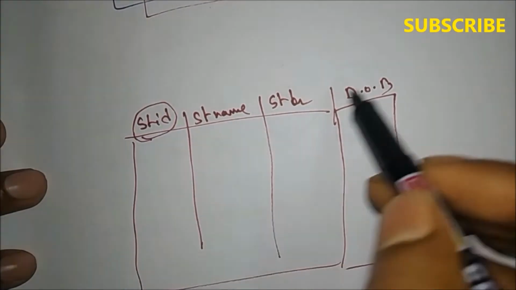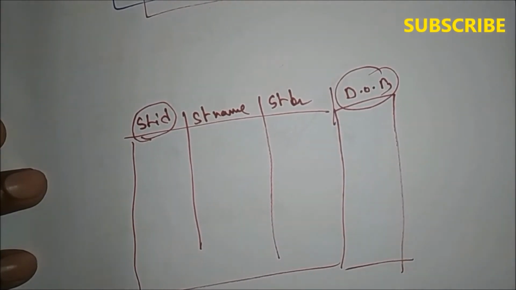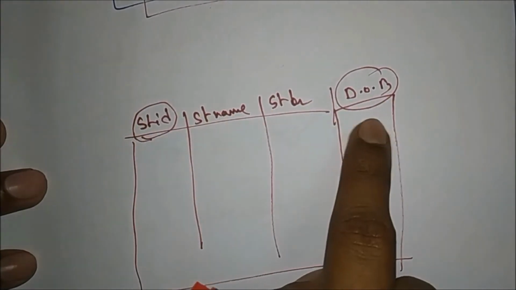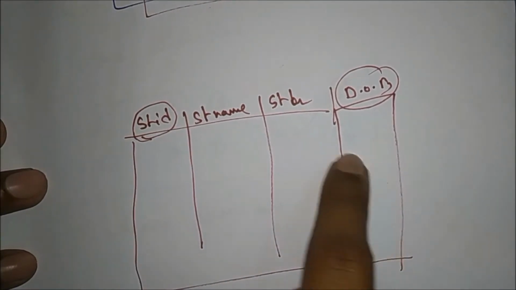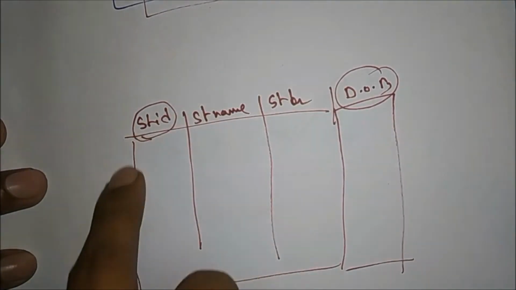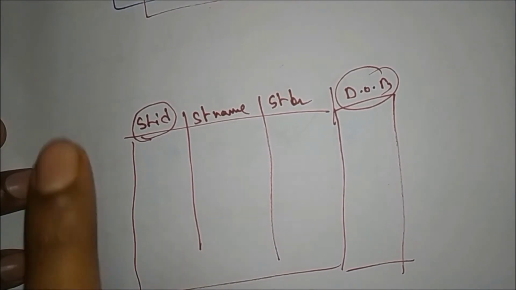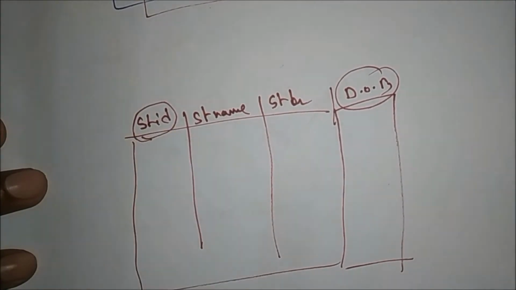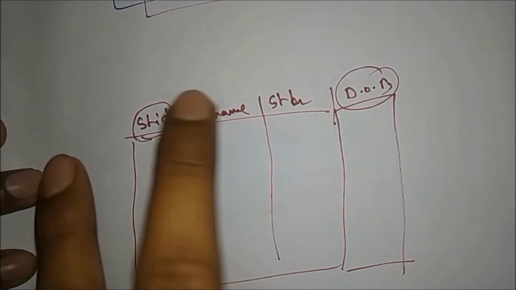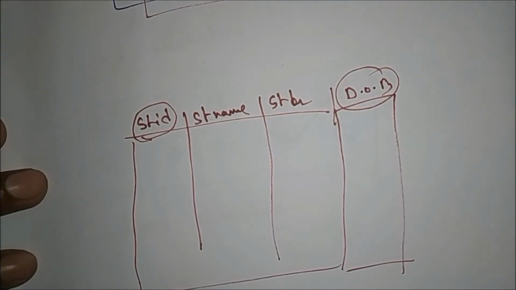You can take student ID, or you can take date of birth. Only with the help of one attribute we will find the whole information of the table in a sorted way. Is that understood? With the help of only one attribute, the whole information will be sorted, not with all attributes.